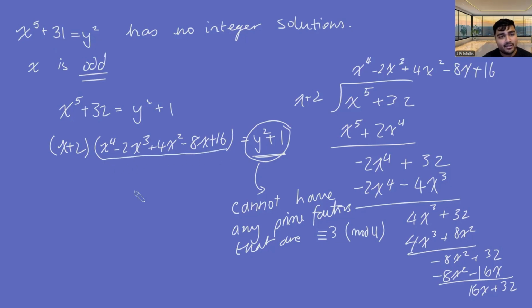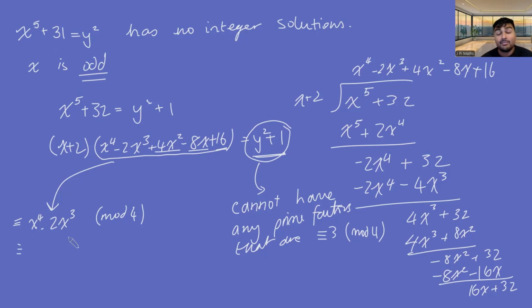Let's have a look at this big thing here. We're going to look at this mod 4. What does it give us? Well, x^4 is x^4, -2x^3 is -2x^3, but all these other terms here are clearly multiples of 4. So this is the same as x^4 - 2x^3, all mod 4. Now we can recall the fact that x is an odd number.